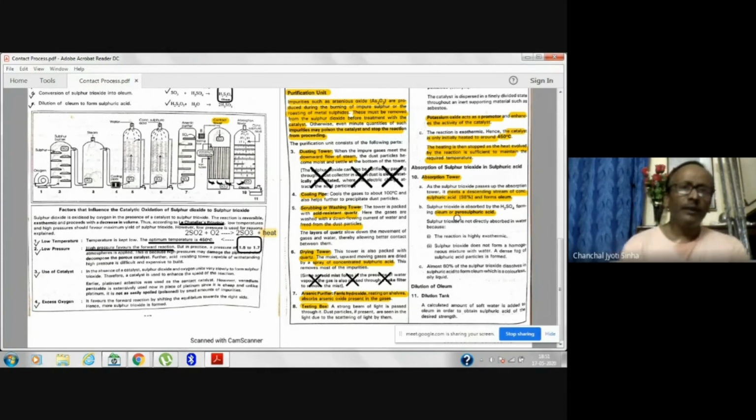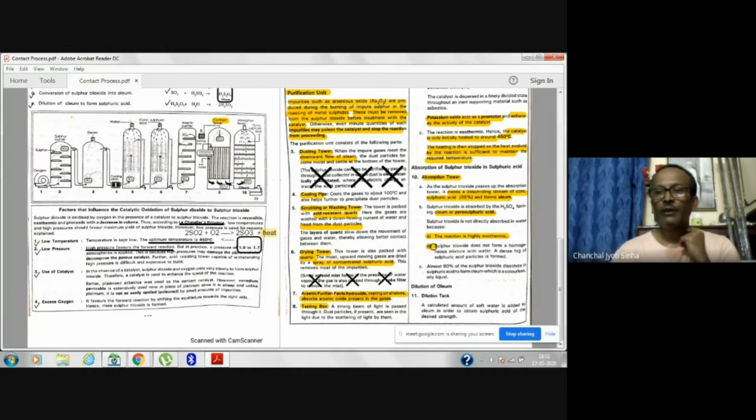Now, if we dissolve sulfur trioxide gas directly in water, then also sulfuric acid is produced. But actually it is not done in this process because, point 1, direct dissolution of sulfur trioxide in water is a highly exothermic process.